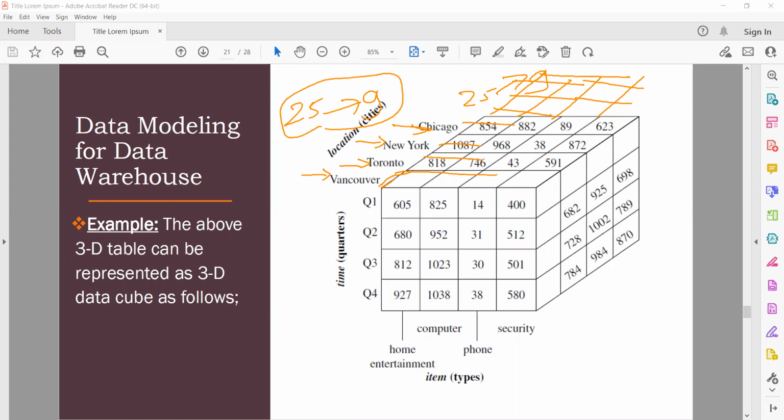Hello? Anyone? Just think about the number. If you know the history of Sri Lanka, you can suggest how to roll up. I already told you roll up means we can minimize the dimension. Let's say we are trying to minimize the location dimension, the cities.